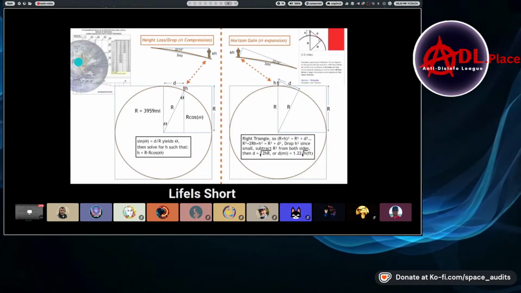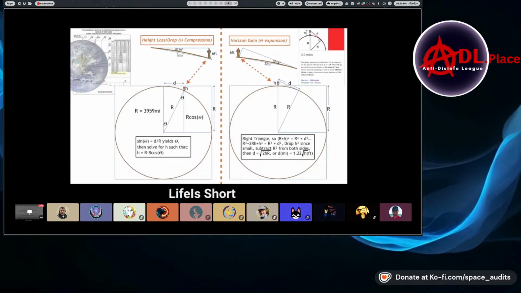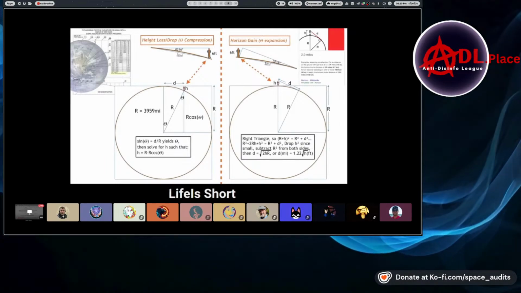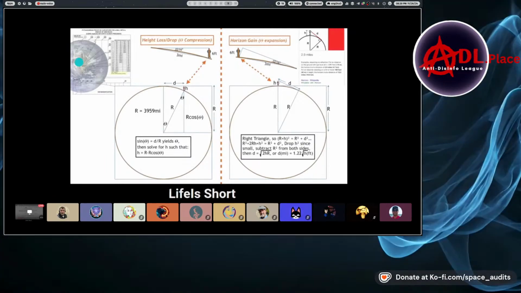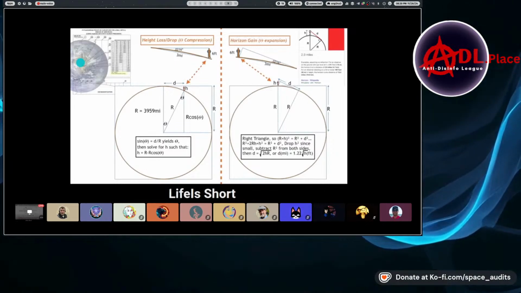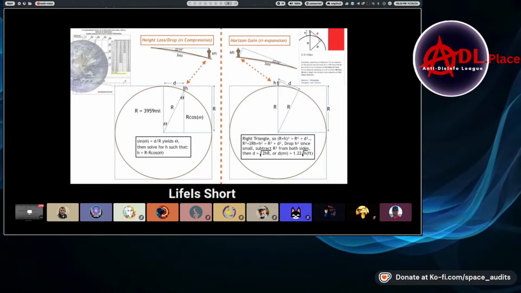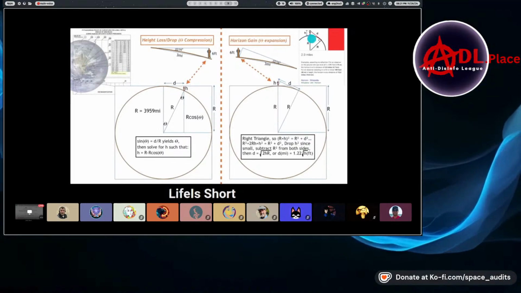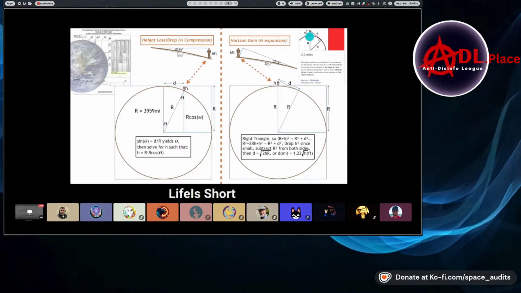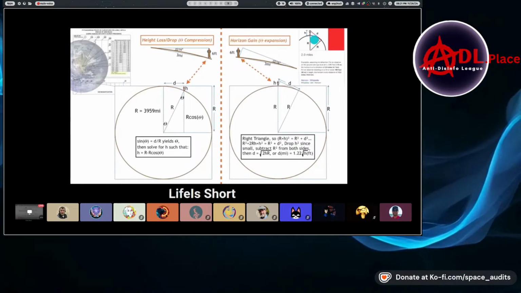You can alternatively get a horizon gain or theta expansion formula pretty simply by just using a right triangle. So in this right triangle example, you're going to have r plus a height of h sitting above the surface of the circle, squared, is going to equal r squared plus d squared. You can see just the edges of the right triangle there.